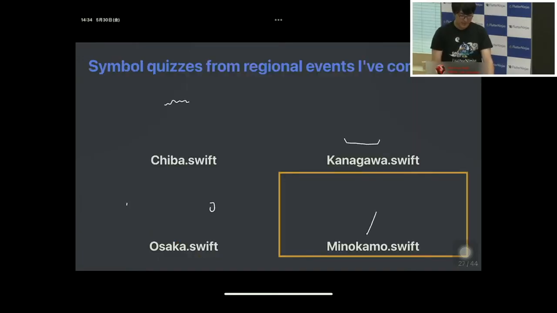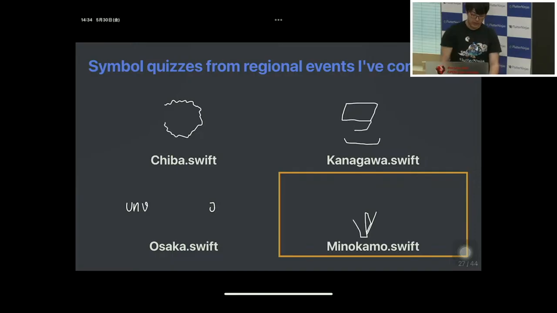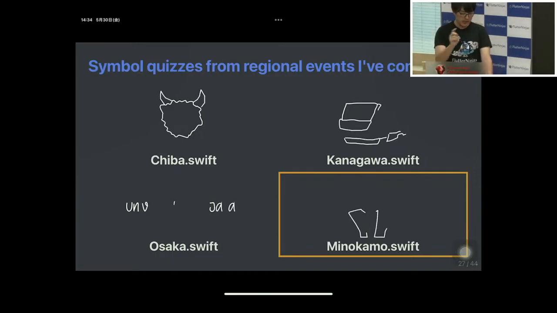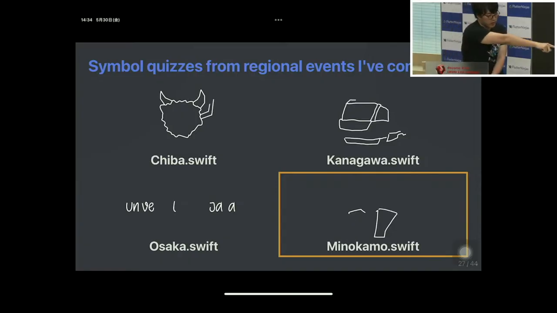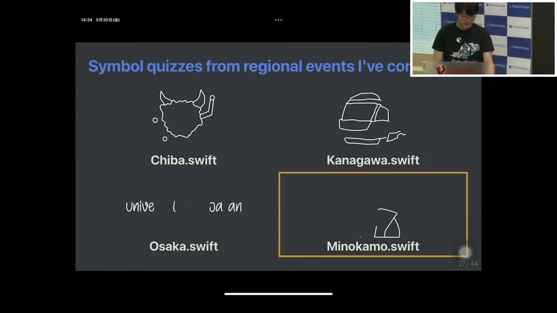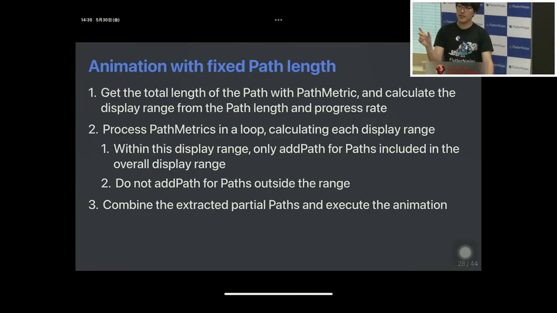Next, let's update the implementation and check how to implement the animation where the path moves forward with fixed length, as shown in the bottom right animation. For the fixed length path animation, we need a different approach. First, we calculate the total path length and determine what portion should be visible based on the progress.